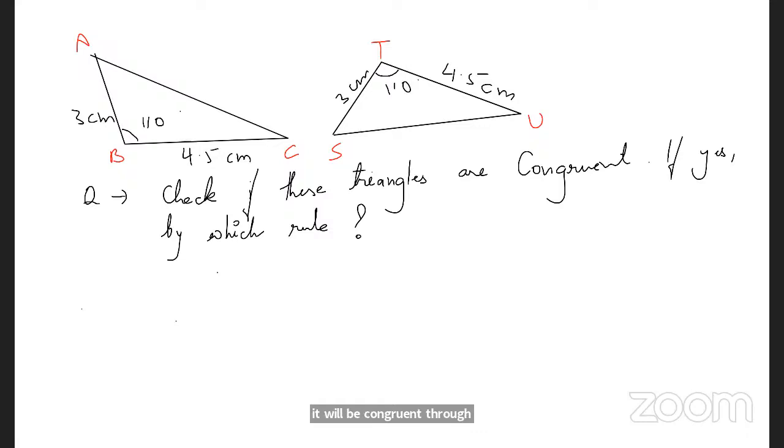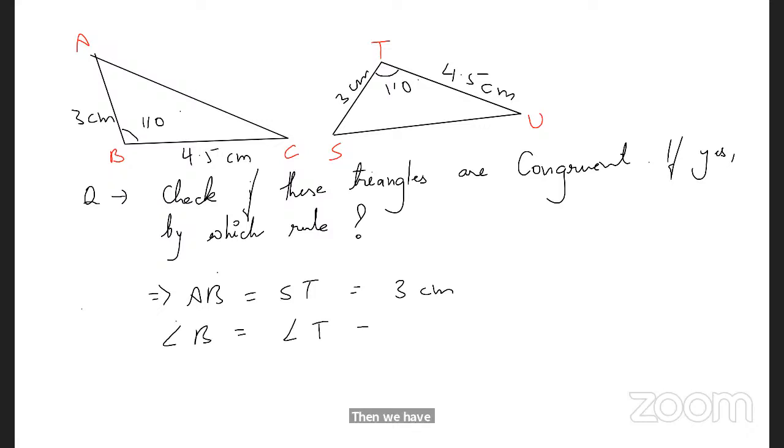Here, AB equals SD, that is 3 centimeters. Then we have angle B equals angle P, that is 110 degrees. Then we have one more side, BC equals DU, that is 4.5 centimeters.